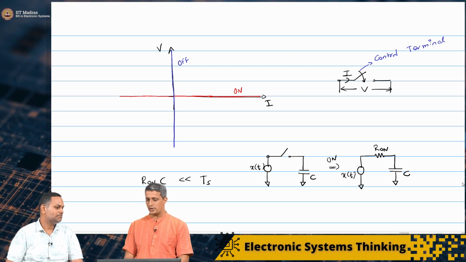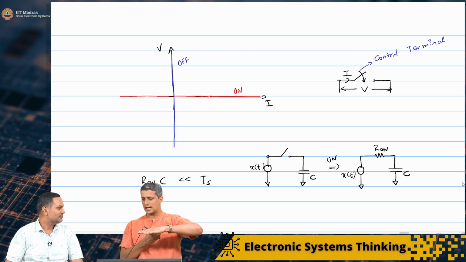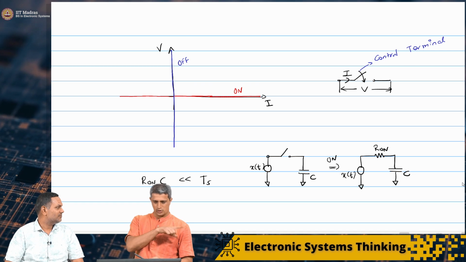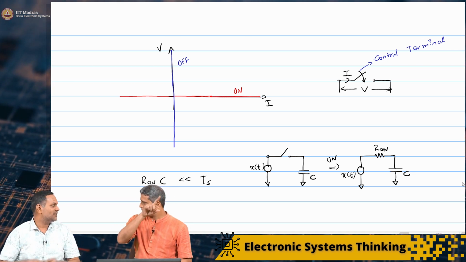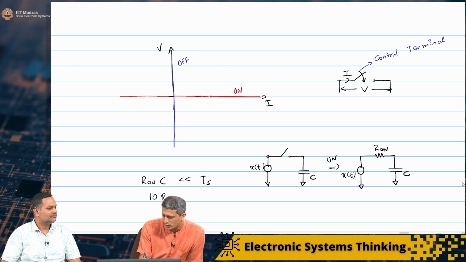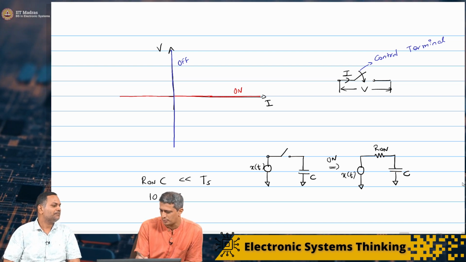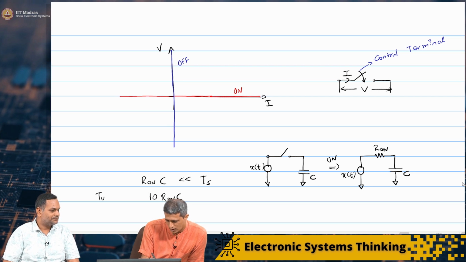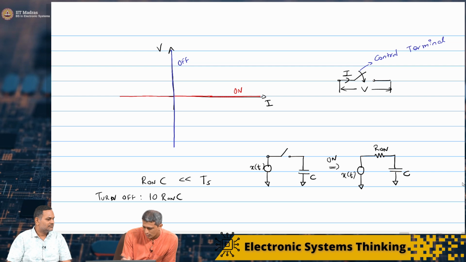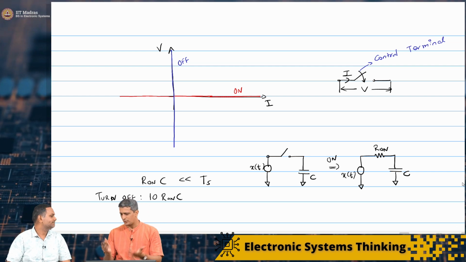So you connect the switch and it immediately charges, and you can then take off the switch after maybe 10 R on into C or something like that. Some estimate. So turn off after 10 R on into C.